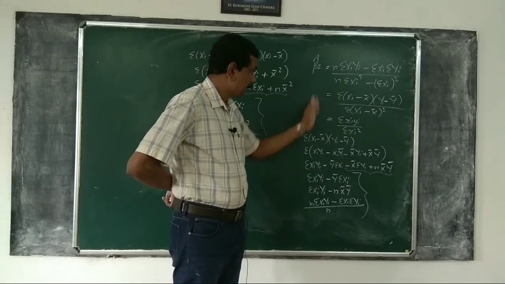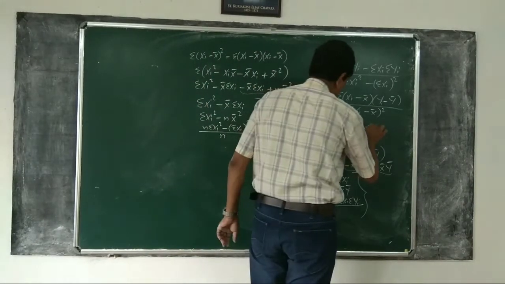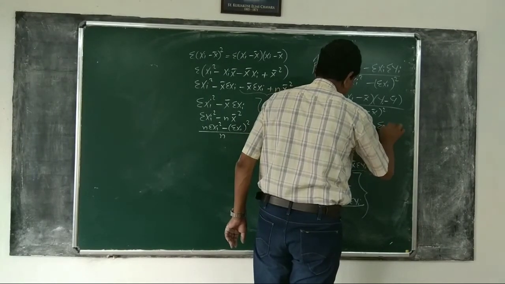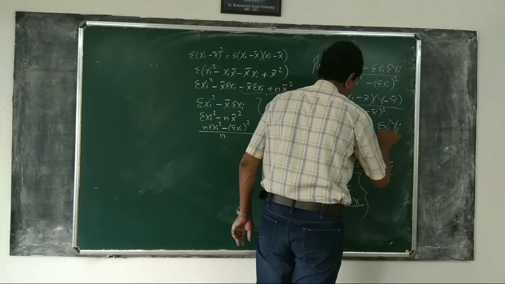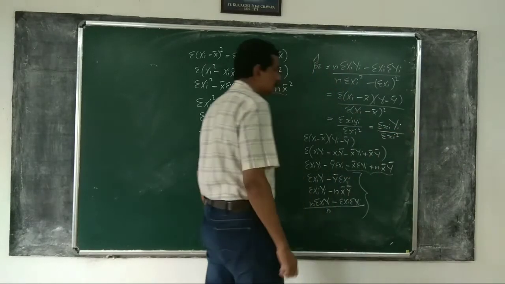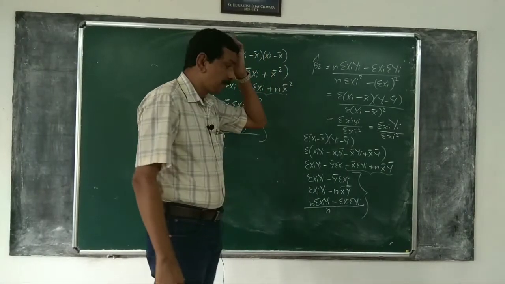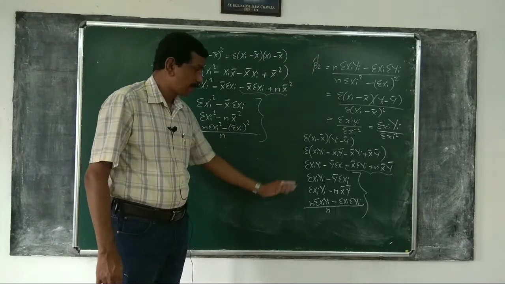This is beta 2 hat in deviation form. As we have written in the last class, this can also be written as sigma xi yi by sigma xi square. And remember these two expansions always.